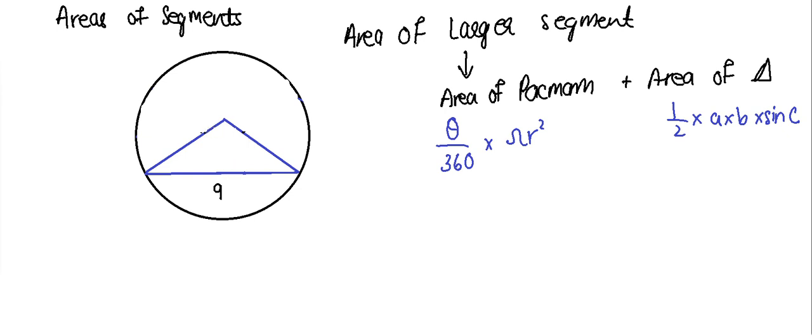The angle this forms is 60 degrees. The value of the radius is also 9. Okay? Now, I want all of you to find the area of the major segment. It's the same formula that I told you all.